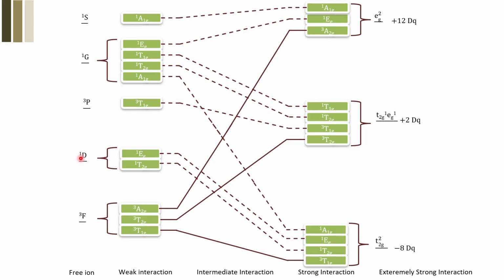Similarly, when a D term is examined under octahedral splitting, we have seen that it splits into Eg and T2g levels in terms of symmetry properties, and because they come from 1D, their multiplicities are 1. Similarly, P, triply degenerate, goes into 3T1g, and 1G goes into 1Eg, 1T1g, 1T2g, 1A1g, and 1S, being spherically symmetric, there is no question, belongs only to the A1g category with the spin multiplicity of 1 only.